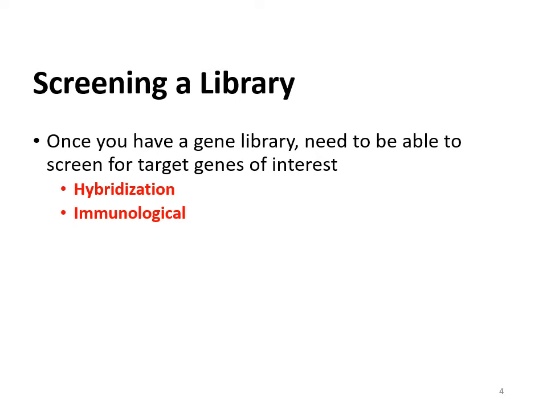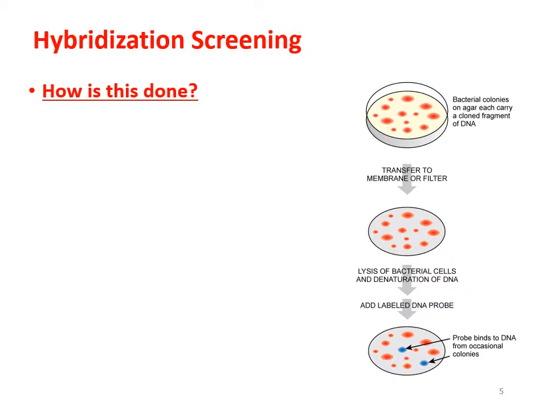Immunological, you're now using antibodies to screen for gene products, okay, the proteins produced by the genes. Okay, so hybridization, you're going to be looking for DNA. Immunological, you'll look for proteins, particular proteins. Okay, so the first method is hybridization screening.